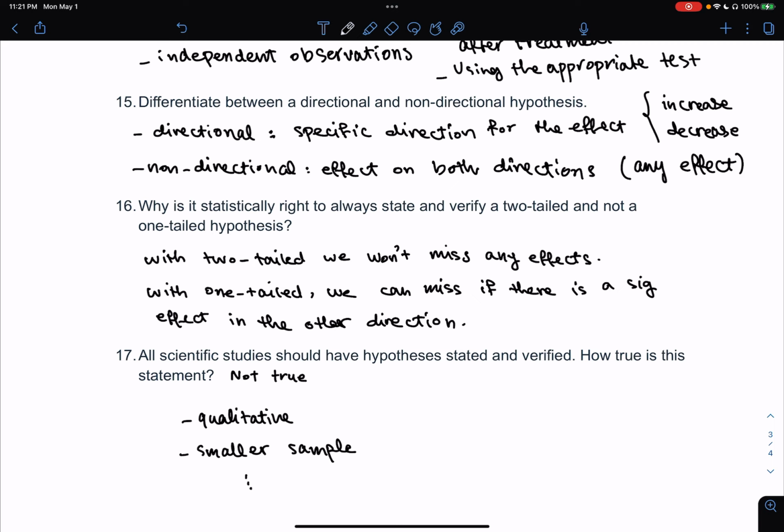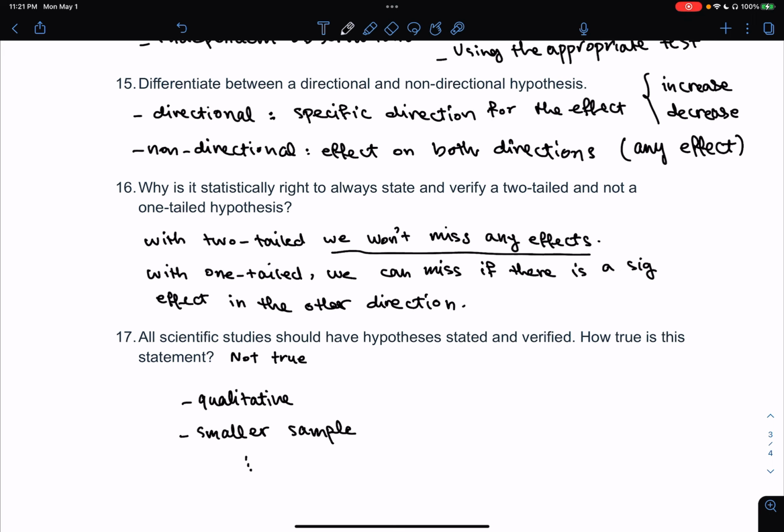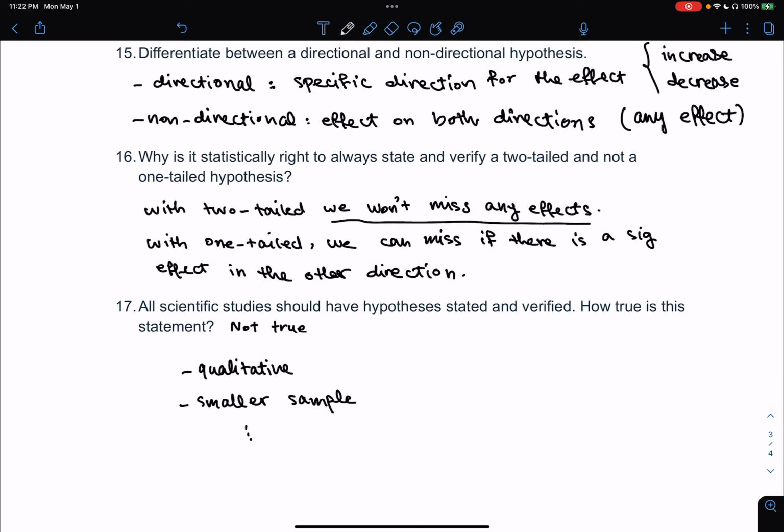While we were only looking at increase, we missed the decrease effect that was happening. But if we use the two-tail test, we won't miss any potential effects because we are looking at both sides. But with a one-tail test, we can miss a significant effect in the other direction. So we're looking at one direction, but there might be a significant effect on the other that we're missing.